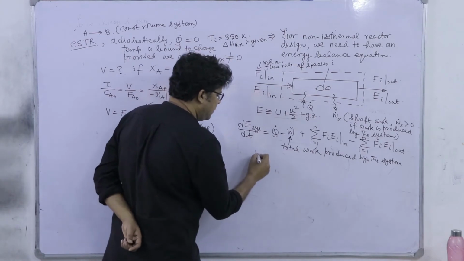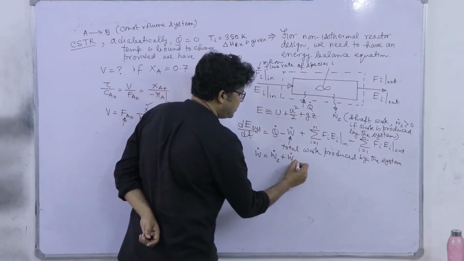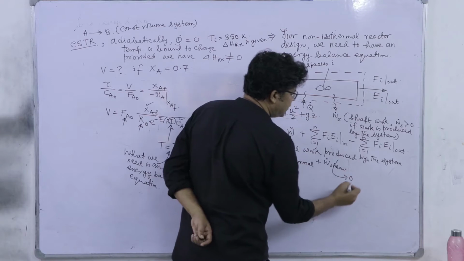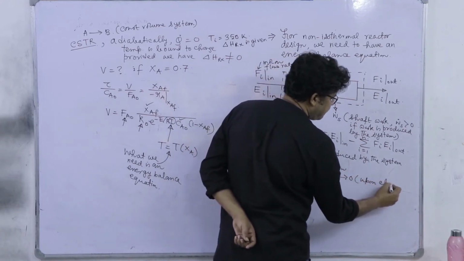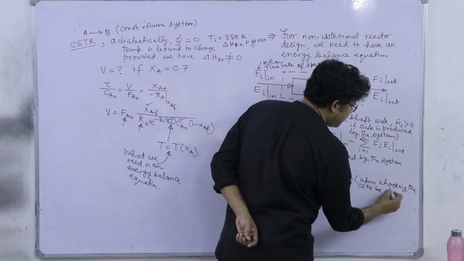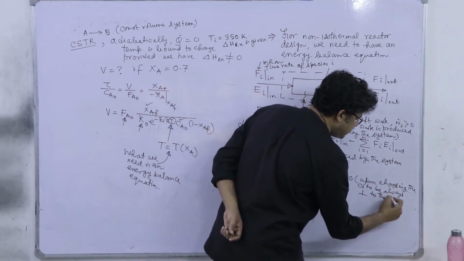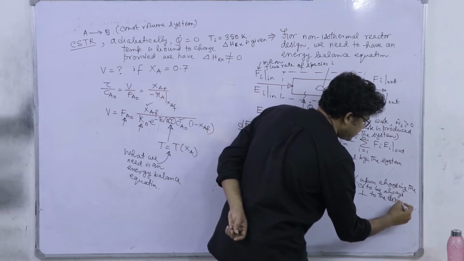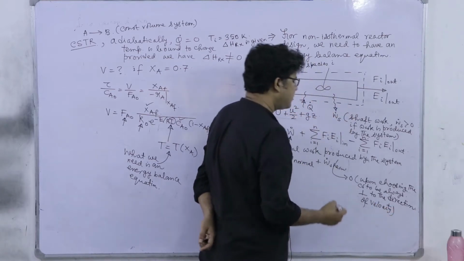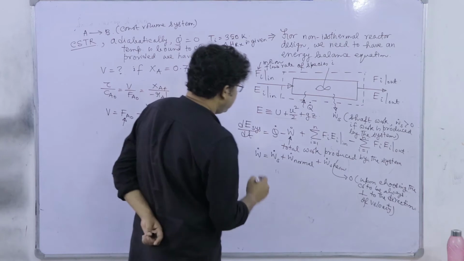Now, as we have discussed in fluid mechanics, this total work is the sum of shaft work plus work done by normal force plus work done by shear force, and we set the shear work equal to 0 upon choosing the control surface to be always perpendicular to the direction of velocity. Now, what about the normal work?